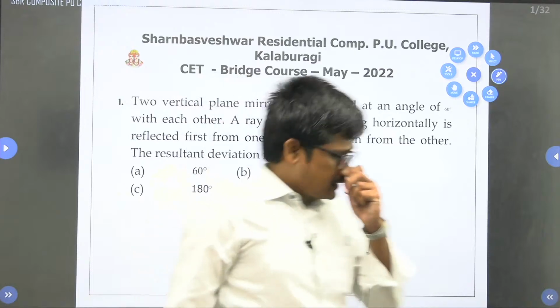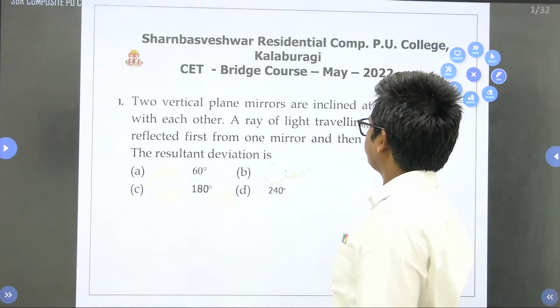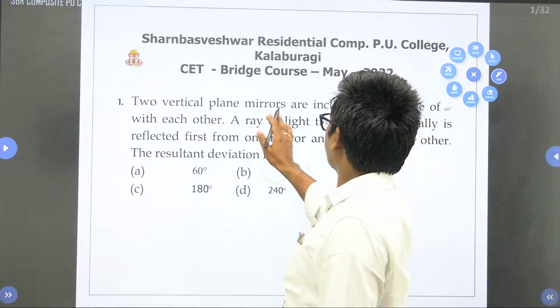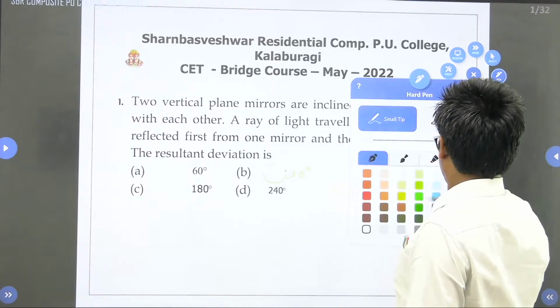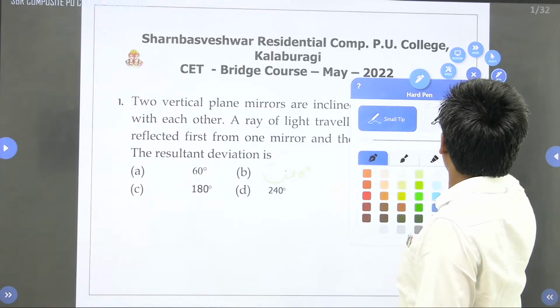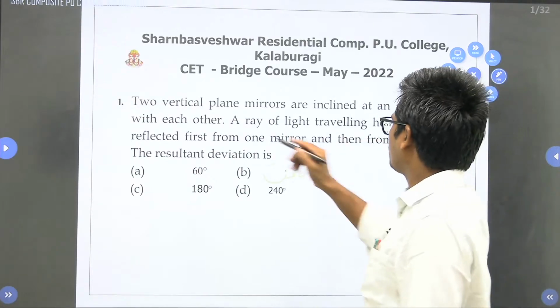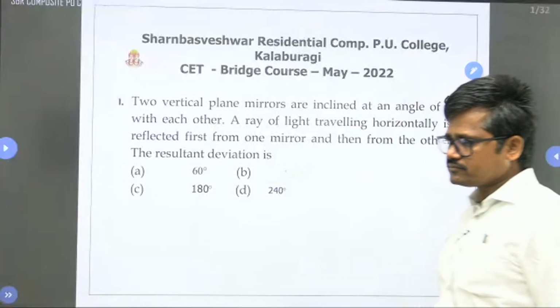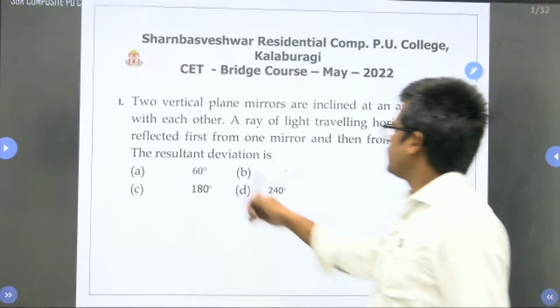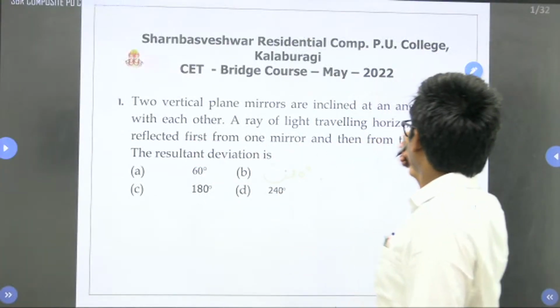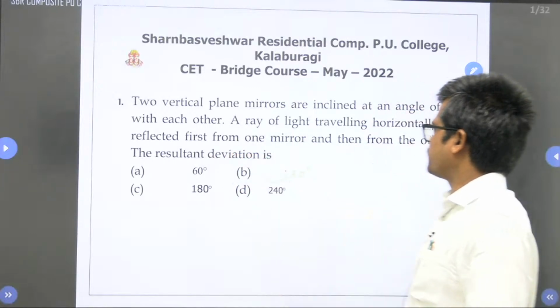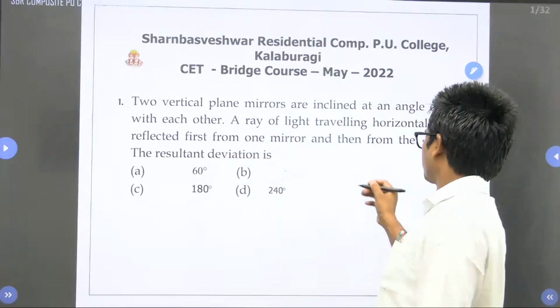Okay, now let me move on to the first question. Two vertical plane mirrors are at 60 degree with each other. A ray of light traveling horizontally is reflected first from one mirror and then from the other mirror.